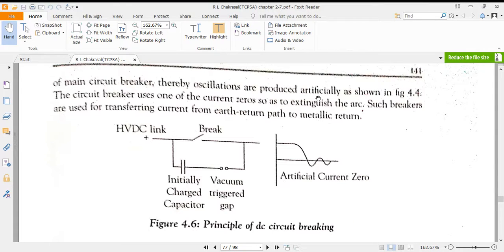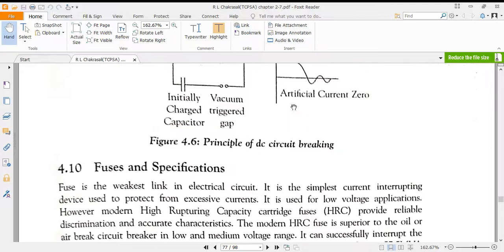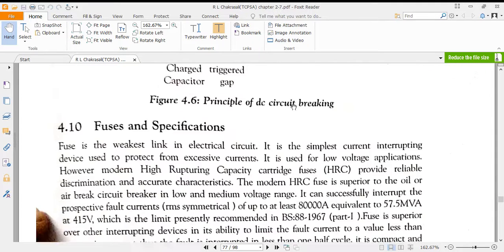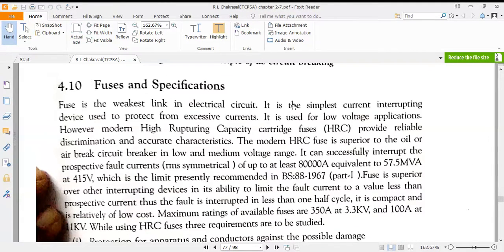But our objective is not understanding the principle of circuit breaker operation. Our objective in this particular subject is how we can maintain them, how we can commission them. That is our main objective. Testing and maintenance is the objective.